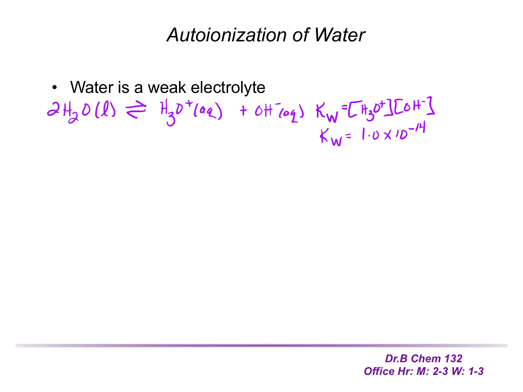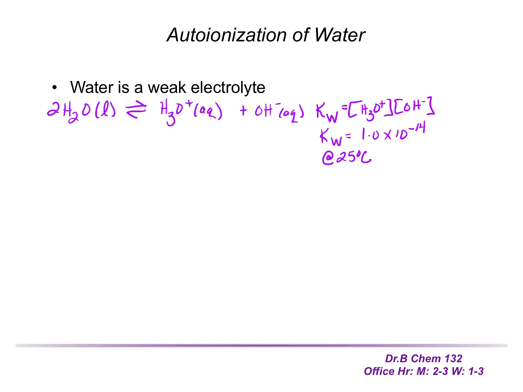That is a number you'd like to store in your brain. It could go on a flashcard. This Kw is true at 25 degrees C, because we can change the K based on the temperature. But this is the Kw, the equilibrium constant of water at standard temperature.